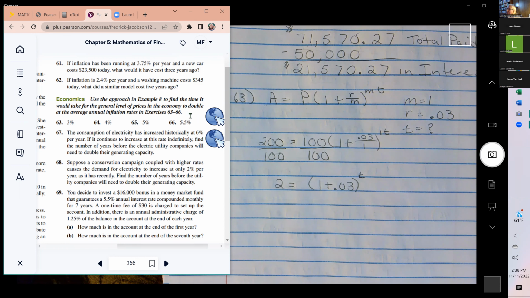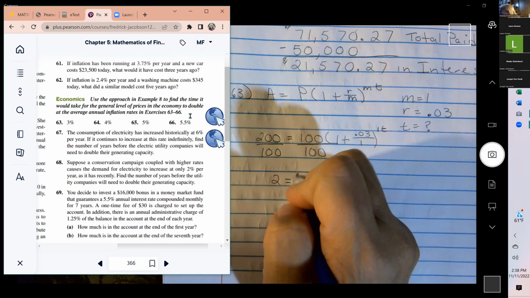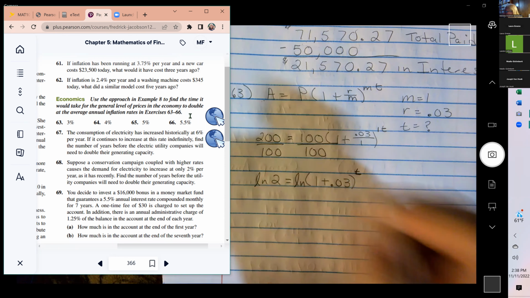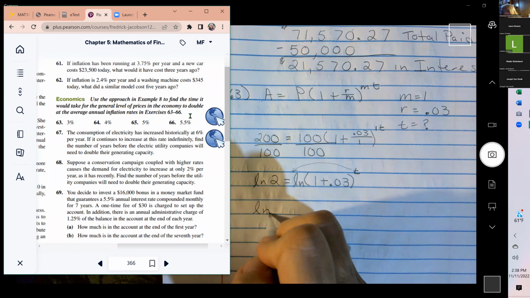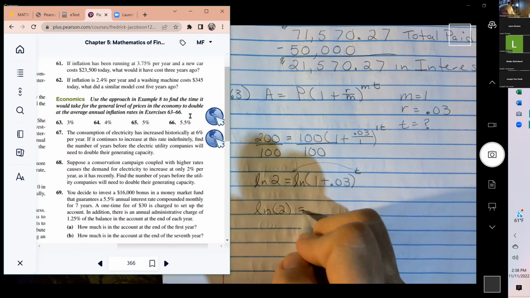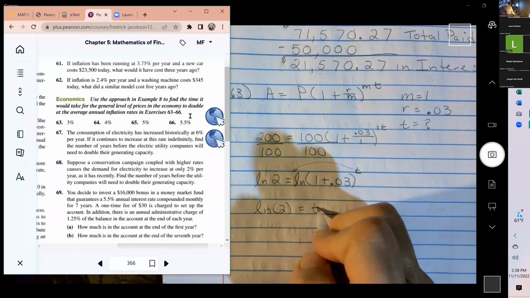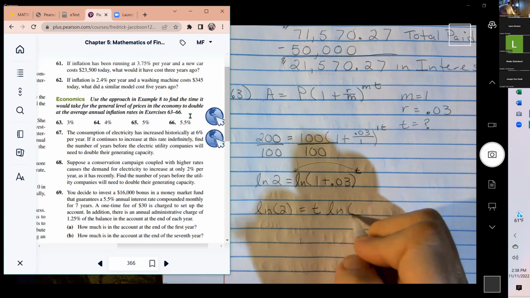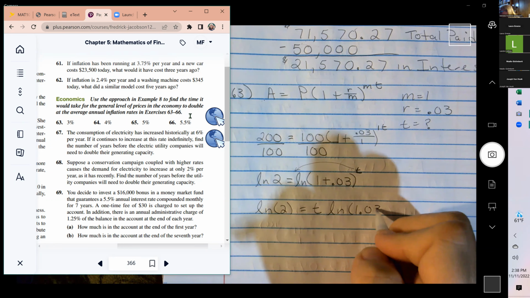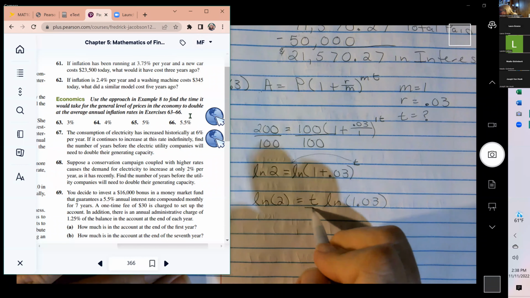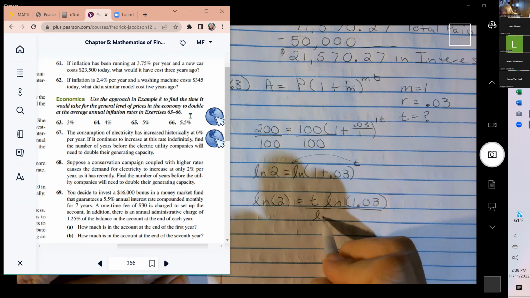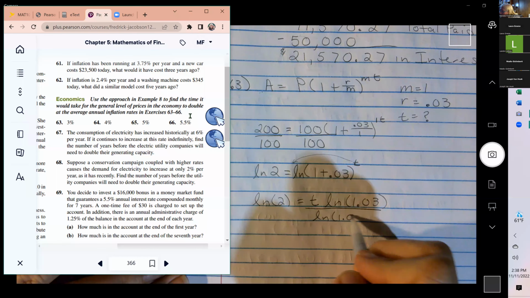Natural log, yes. If we take the natural log of both sides, then we can bring this down. So we have the natural log of 2 equals t times the natural log of 1.03. And then we can just divide by the natural log of 1.03.